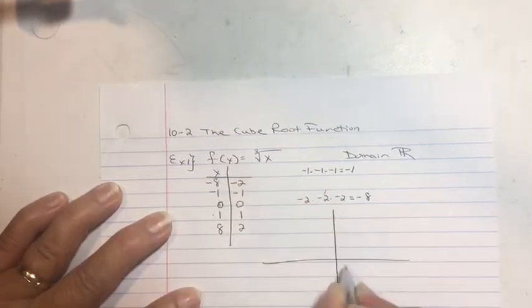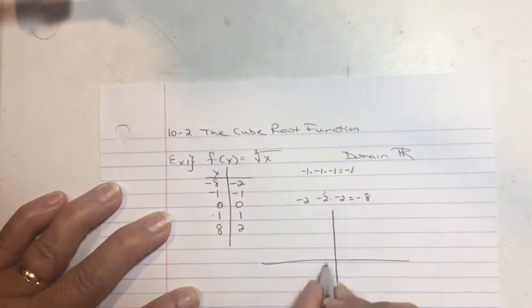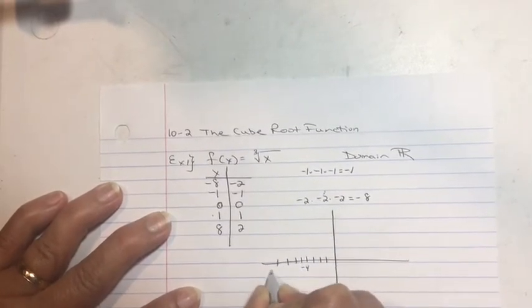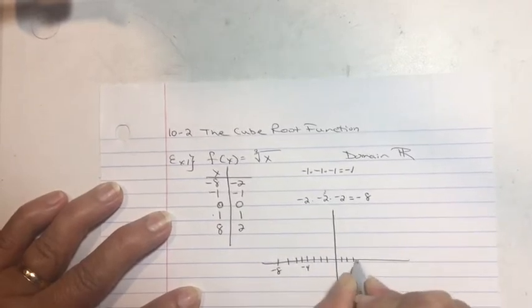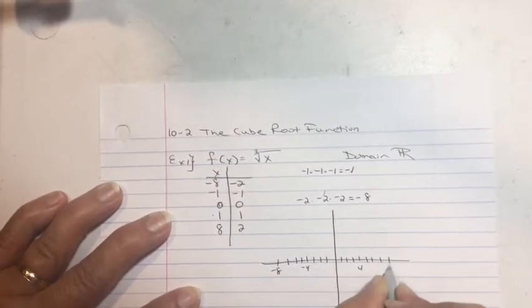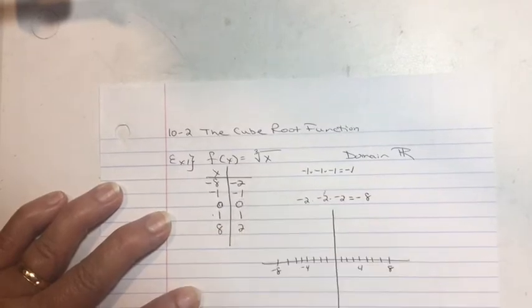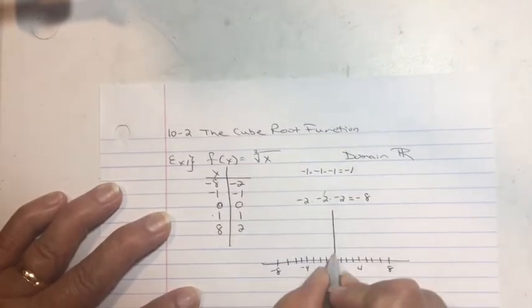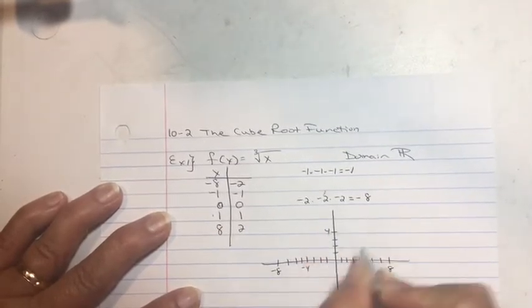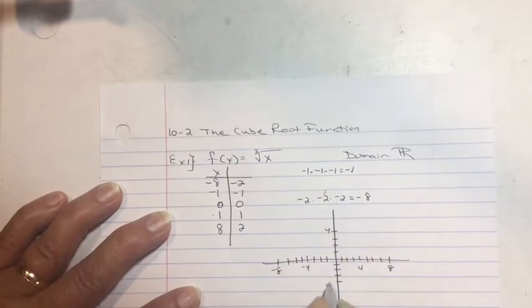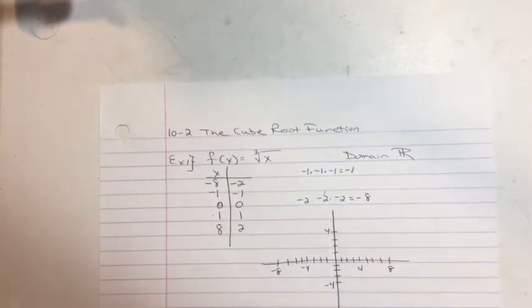So my x values I have from negative 8 to positive 8. 1, 2, 3, 4. And my y values, I need to head up to 2 and negative 2. I'll do 4. Alrighty, let's graph those.